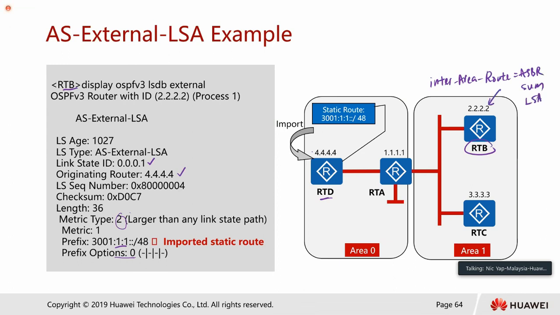That is what you receive, and it shows that this is the ASBR. The ABR router will send this information across. So far, for all the LSAs that I mentioned above on OSPFv3, is it all okay? Is it easy to understand?